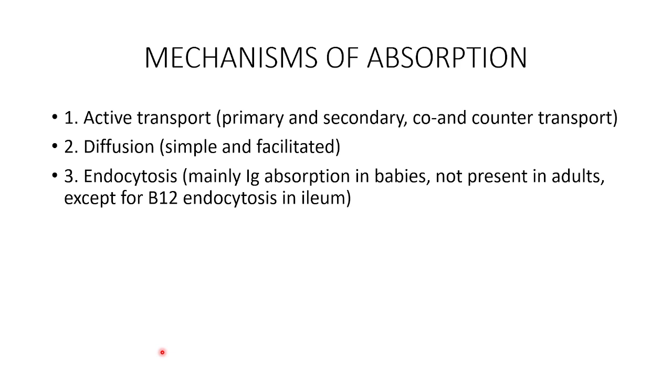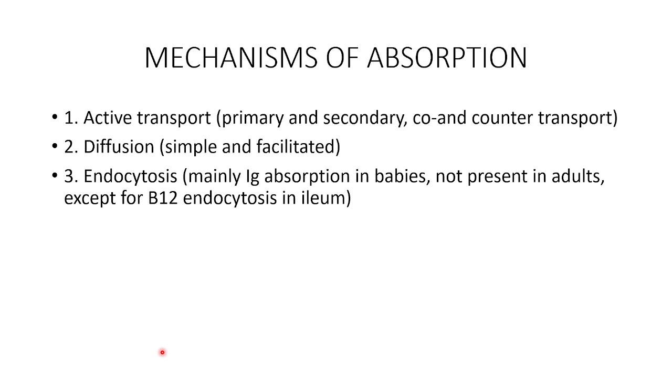So when we are talking about absorption, we need to review the mechanisms of absorption that we remember from foundations. So there are three major ones, and the first is active transport. And active transport, as we remember, always requires what? Energy. And a transporter, right? So it may be primary and secondary, and in most cases secondary is sodium dependent, but we will see that sometimes it is hydrogen dependent.